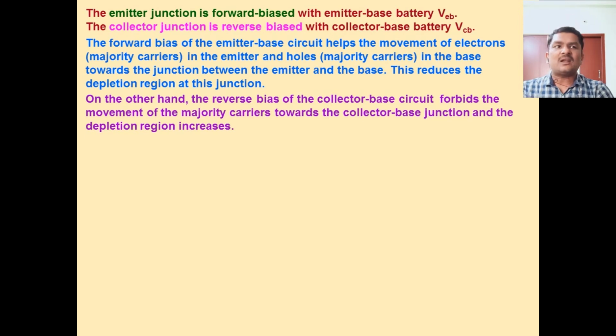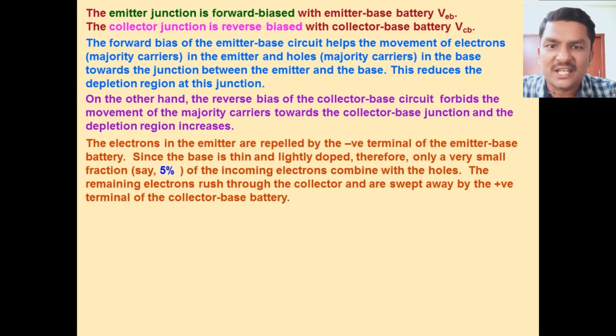The electrons in the emitter are repelled by the negative terminal of the external source, and the base is thin and lightly doped. So only a very small quantity of charge carriers are available, nearly 5%.